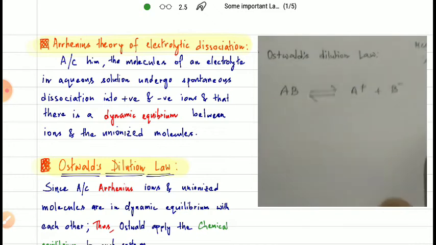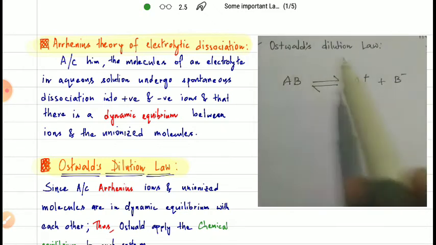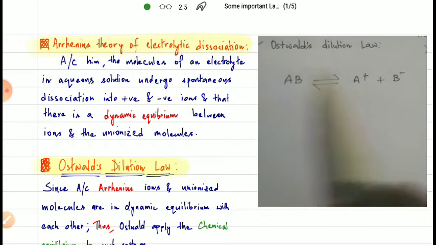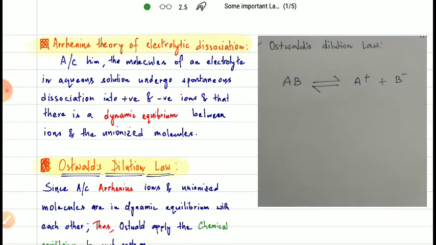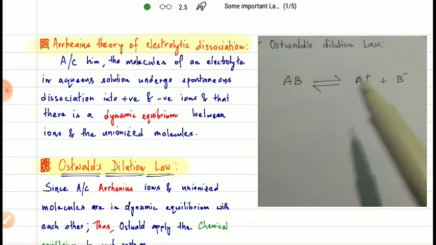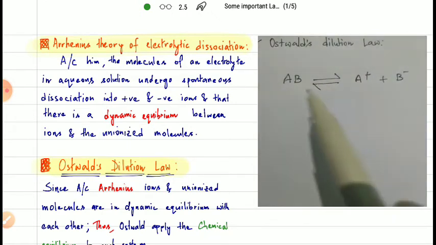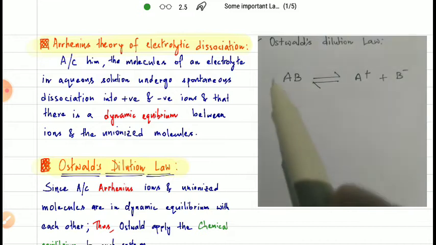Coming to your Ostwald dilution law, he was inspired by that theory, that means the Arrhenius theory. He did an experiment.